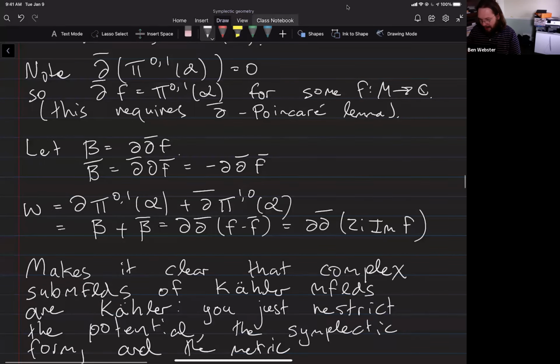So I can write omega as del of this 0,1 part plus del bar times the 1,0 part of alpha. That's actually beta plus beta bar. I can write omega as 2 times the real part of this guy beta. That's the same as del bar times f minus f bar. So actually the function I need, up to multiplication by a scalar, is the imaginary part of f.